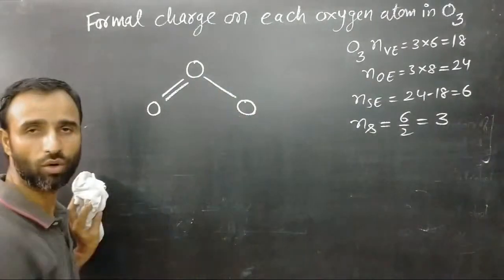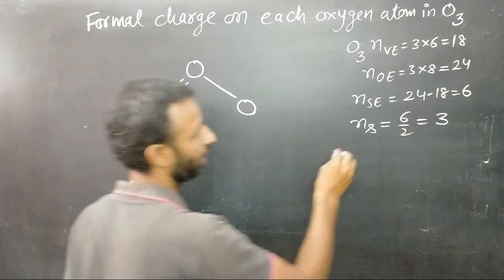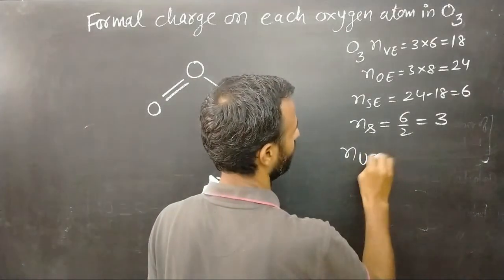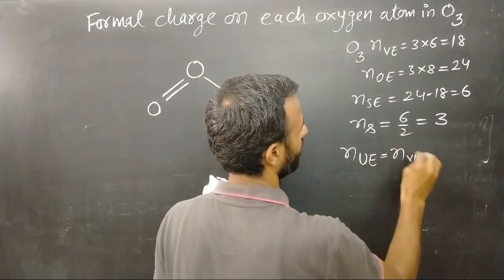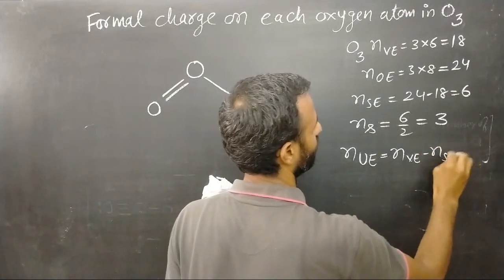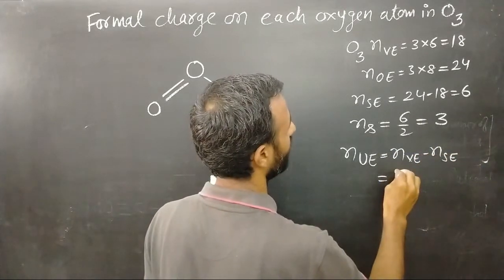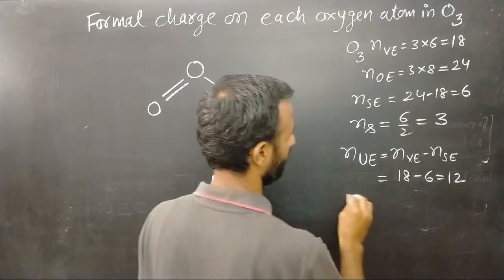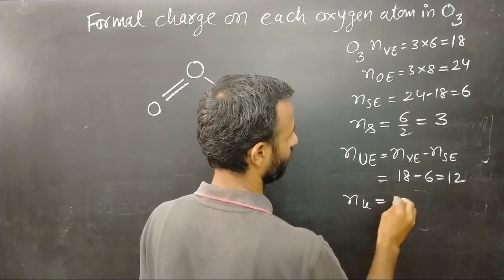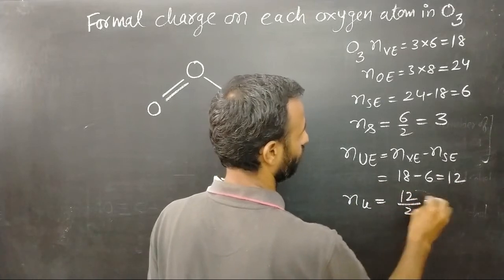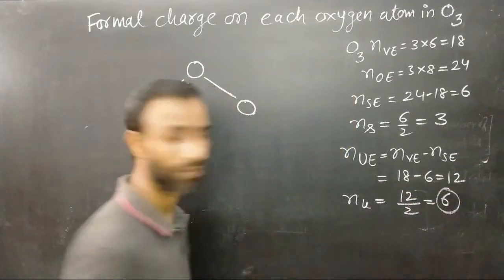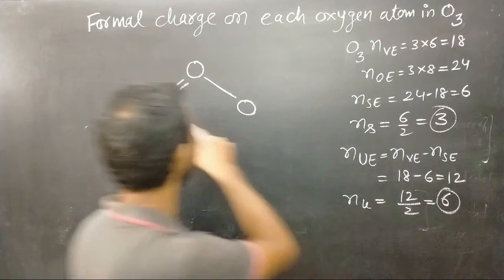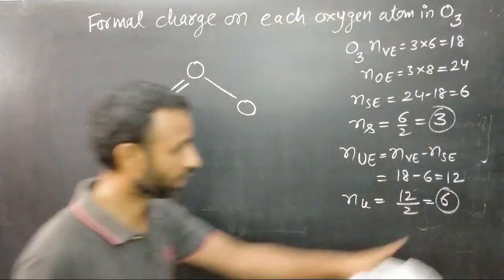So 2 1 or 1 2. And unshared electrons, valence electrons minus shared electrons. So valence electrons are 18, shared electrons are 6. So 12. So unshared pairs equal to 12 by 2 means 6. So 3 shared pairs that we have arranged and 6 unshared.